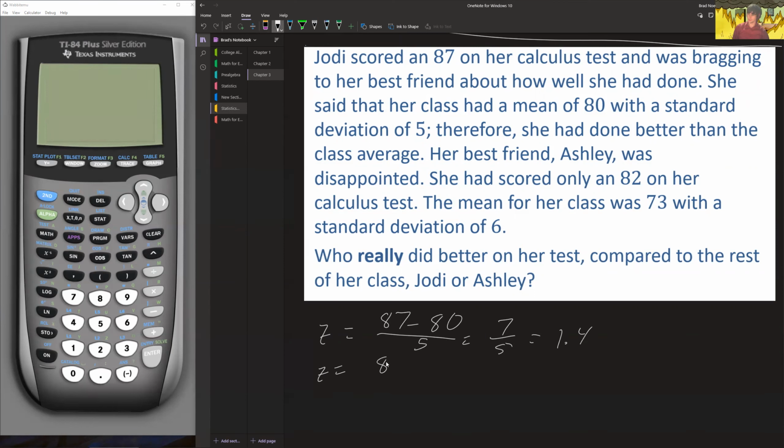Then for this next one, I have 82 minus 73 over 6. 82 minus 73 is 9 divided by 6. If my math checks out, this is 1.5. So we see that actually Ashley's score corresponded to a higher z-score. Thus, relative to her peers, Ashley did better. So although Jody had a higher raw score, Ashley did a better job relative to her peers.